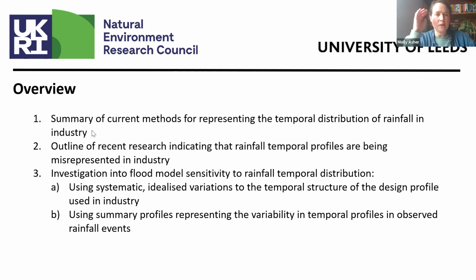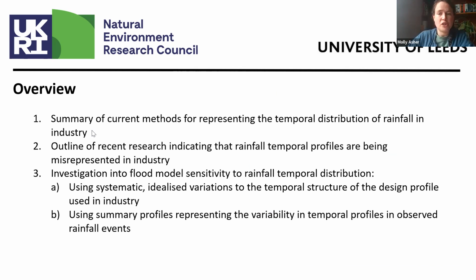So I'm just going to give a brief overview of what I'm going to cover in the talk today. I'm going to start by providing some background information on the current methods used for representing the temporal distribution of rainfall in flood modelling in the UK. And then I'm going to give an outline of some more recent research, which suggests that these methods are misrepresenting the temporal structure of real storm events.